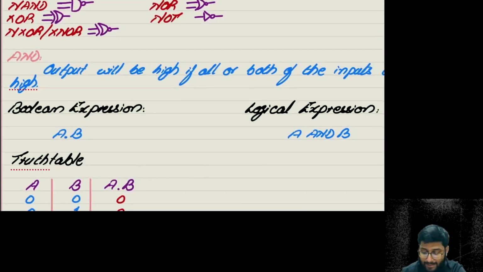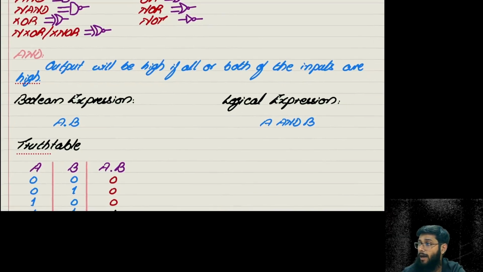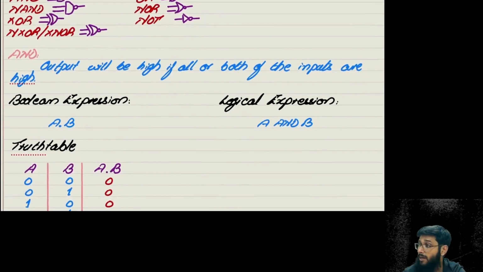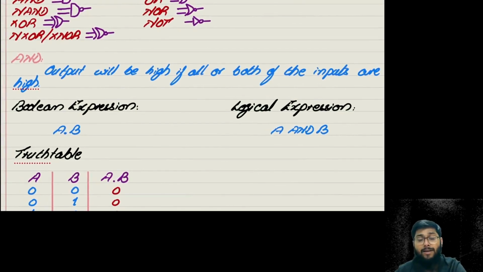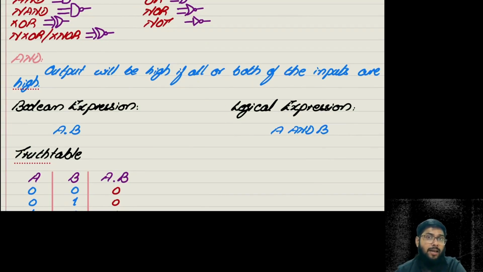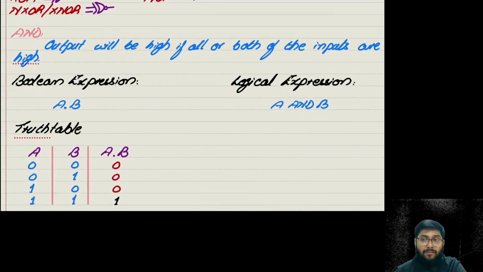So for the AND gate, output will be high if both or all of the inputs are high. That means the output is going to be a 1, only in the condition that both or all inputs are high. Both means right now we are only utilizing 2 inputs, but in other levels we might be utilizing 3 inputs as well as 4 inputs.